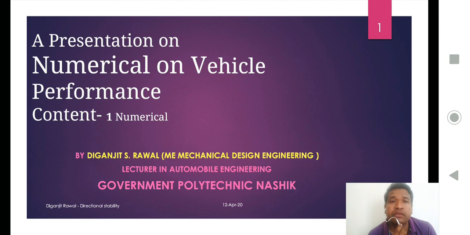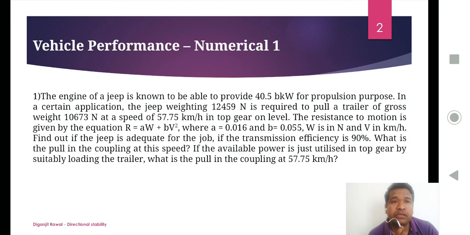We have to calculate the different parameters of vehicle performance. So this is numerical number 1 for the vehicle performance. In this numerical, the engine of a Jeep is known to be able to provide 40.5 brake power BP in kilowatt for propulsion purpose.